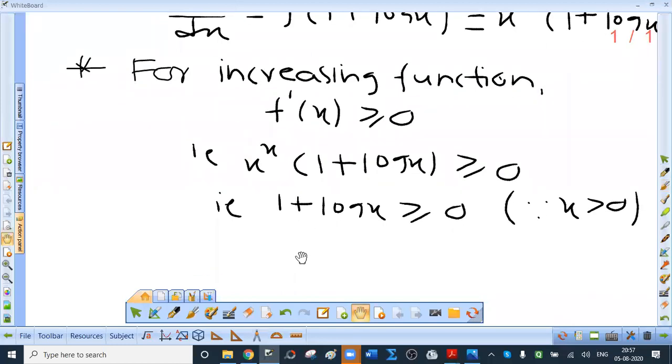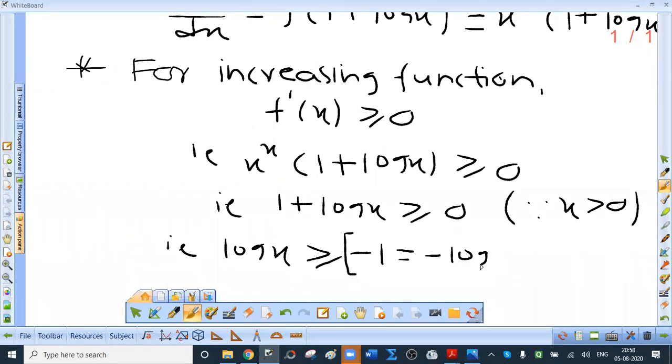Now listen to me carefully. How to solve this? Can I write this directly? That log x is greater than or equal to -1. Is this correct? Yes, it is. Now, can I write -1 as minus log e? Yes, I have written log e for 1, but it is -1.